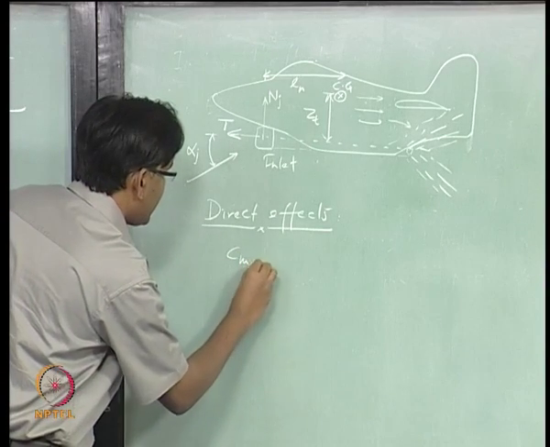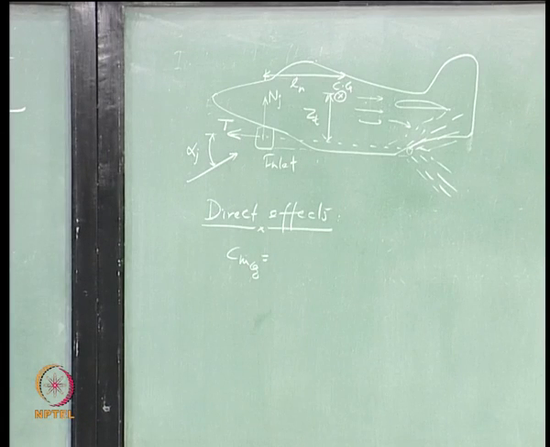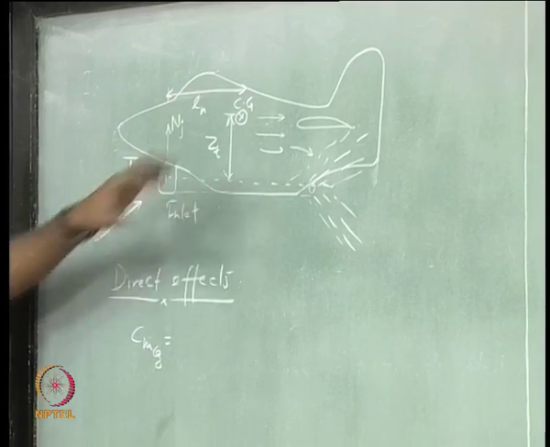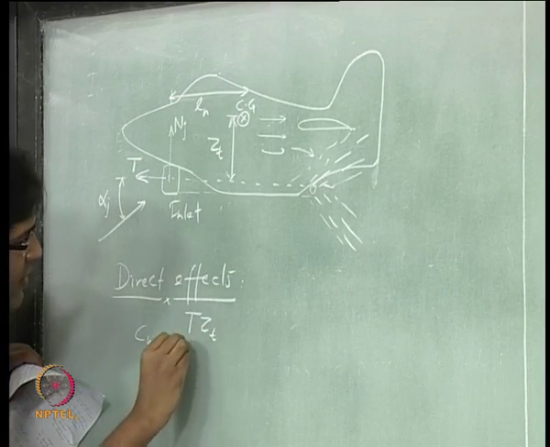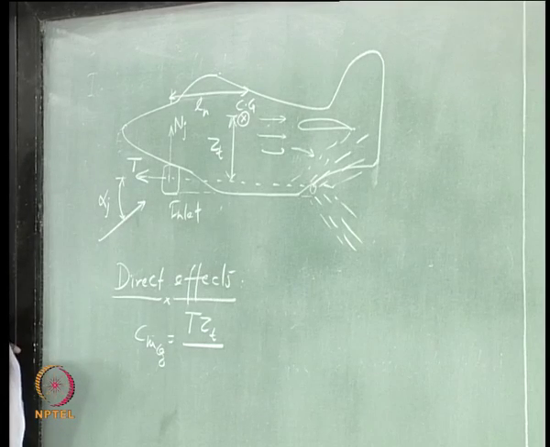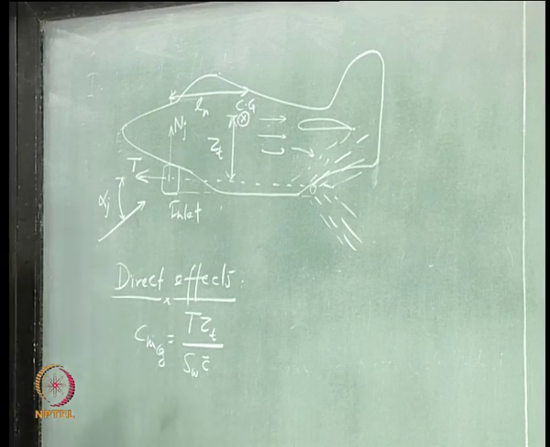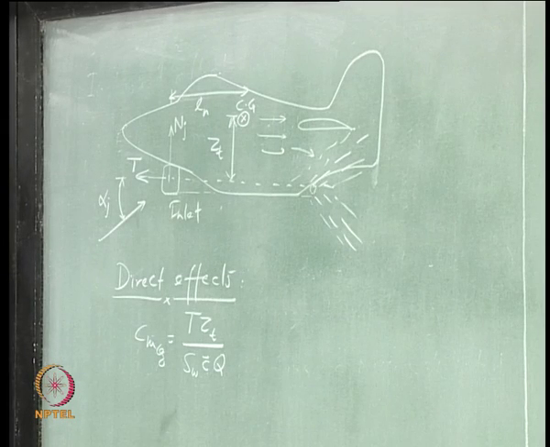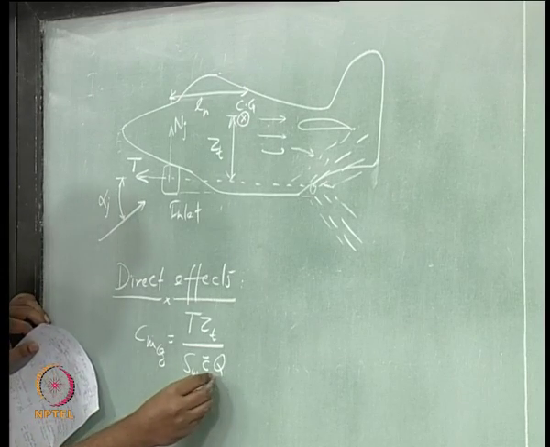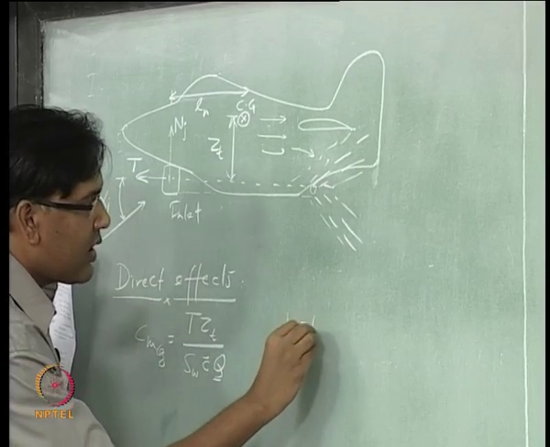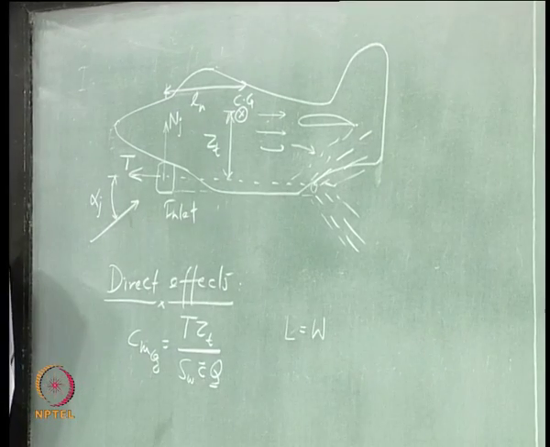What is Cm? T into this length, divided by the reference conditions into Q. Now this Q is going to depend upon, or we can actually back calculate, when I am talking about a level flight condition, then lift is equal to weight.